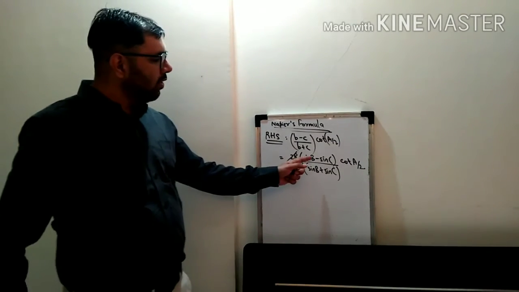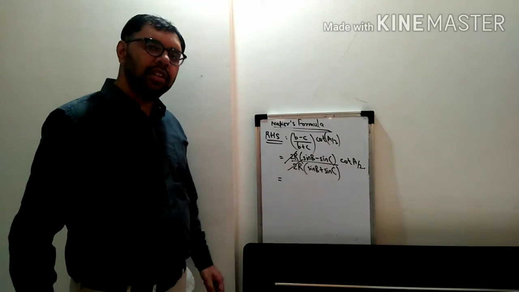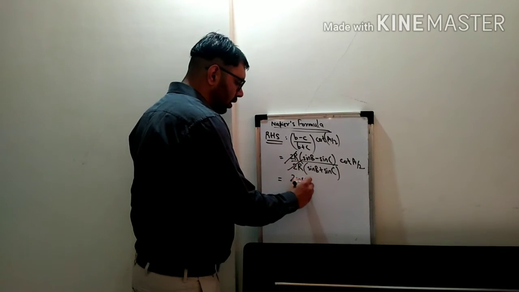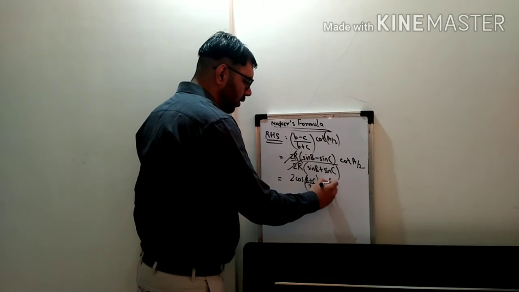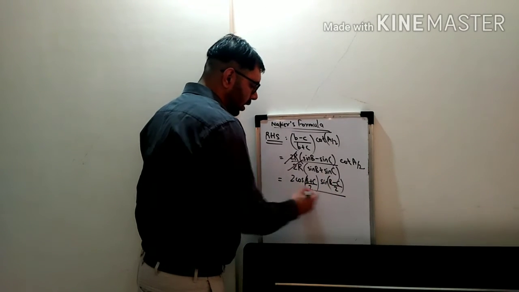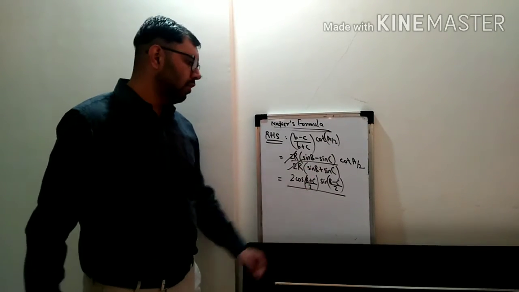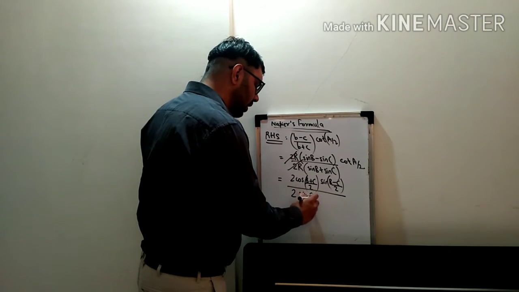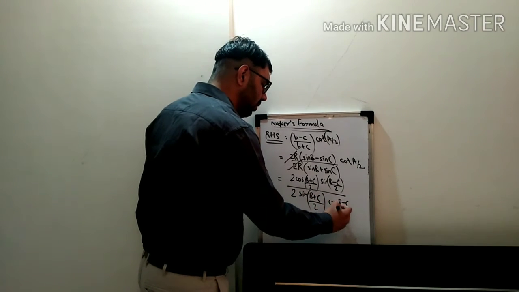In the numerator, we apply the formula for sin C minus sin D, which is 2 cos of (B plus C) by 2 into sin of (B minus C) by 2. Similarly, in the denominator, applying the formula for sin C plus sin D, we get 2 sin of (B plus C) by 2 into cos of (B minus C) by 2.